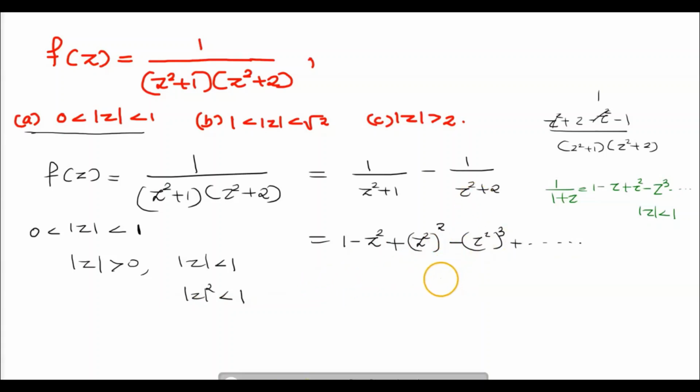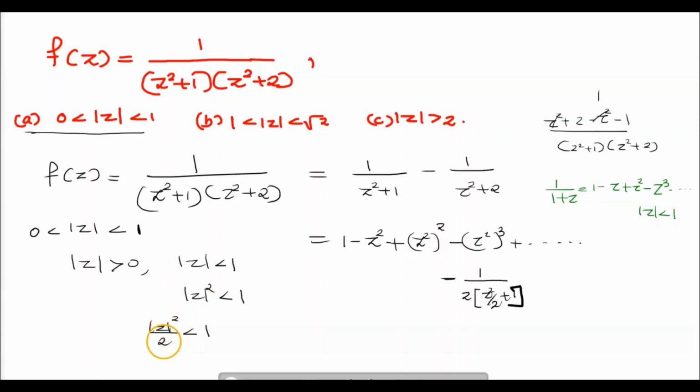Now the second term is minus of 1 by 2 plus z square. Take 2 outside, that is 1 by 2 into 1 by (z square by 2 plus 1). This is 1 plus z square by 2. If mod z square is less than 1, then mod z square by 2 is also less than 1.